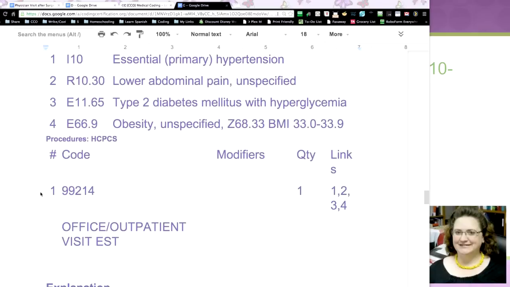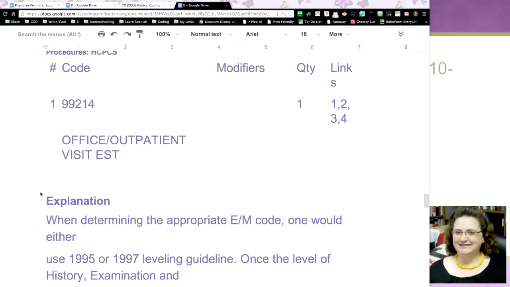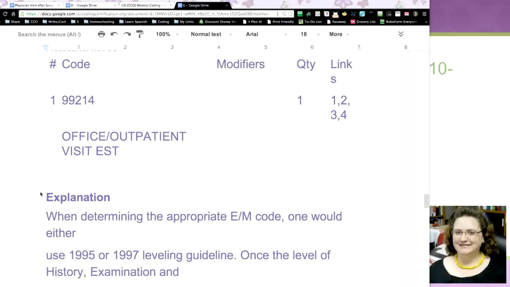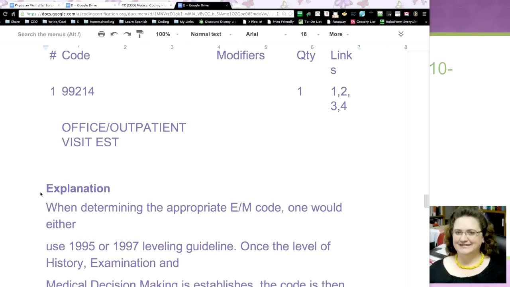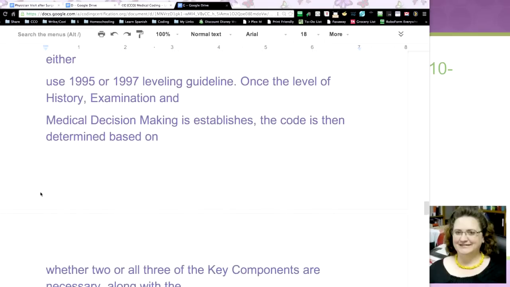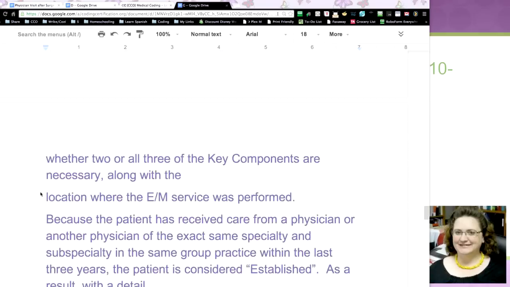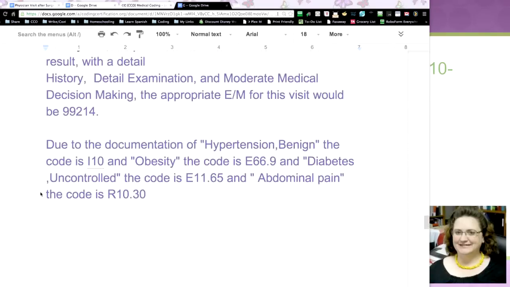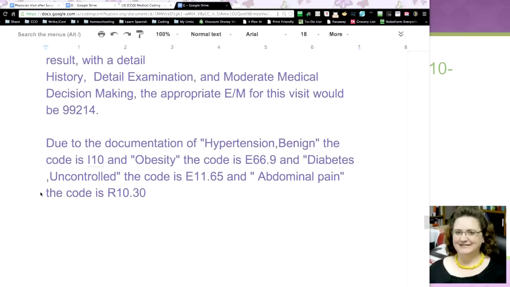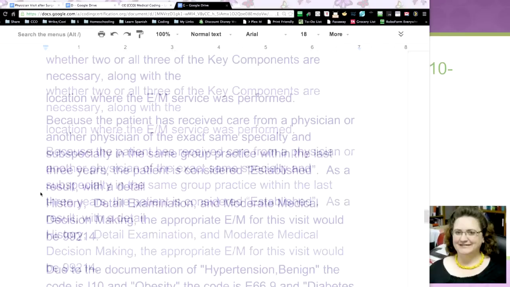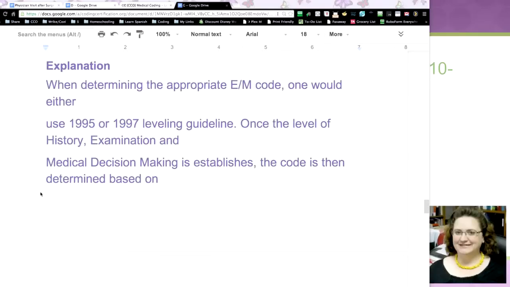Okay, and so then 99214 for the E&M, and then the explanation, the Practicode, actually you go in, you code it. These are the codes that they came up with, and I went and checked them, and I said I agree with them, except for I would have coded the BMI, maybe instead of the obesity, or you can code both. And then they give you an explanation as to why these answers are correct. Okay, so you get a rationale with Practicode.